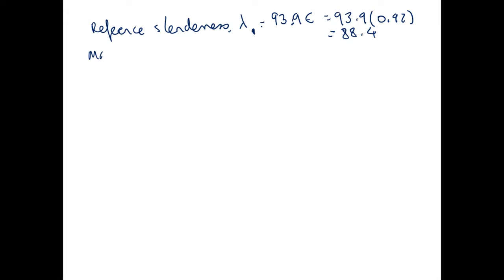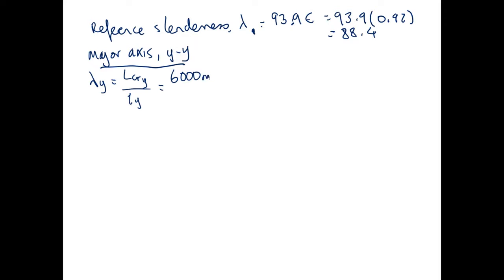If we look around the major axis, which is around the y axis, then the slenderness value is equal to the critical length about the y-axis divided by the radius of gyration about the y-axis. From the question, we have 6,000 millimeters as the length, divided by the radius of gyration, which is 15.6 centimeters, so it's 156 millimeters.